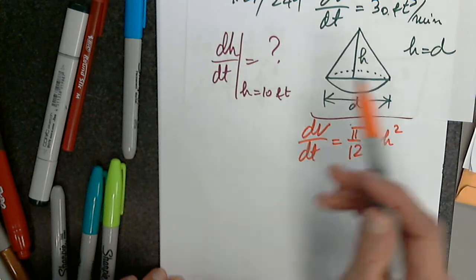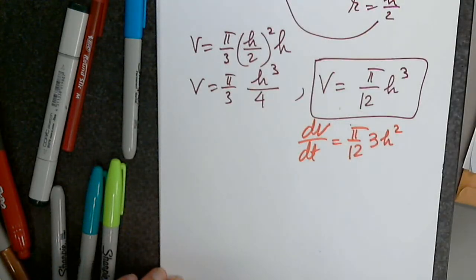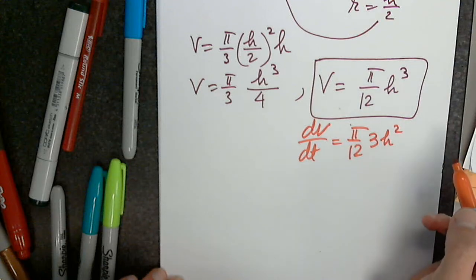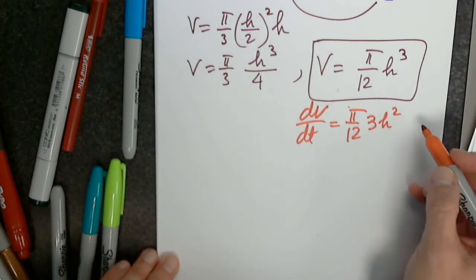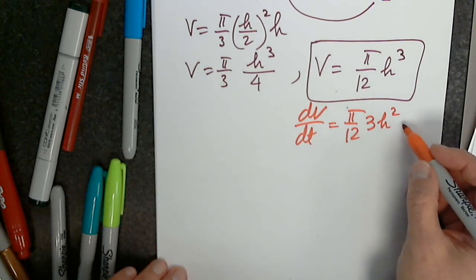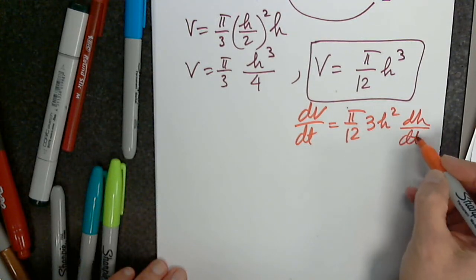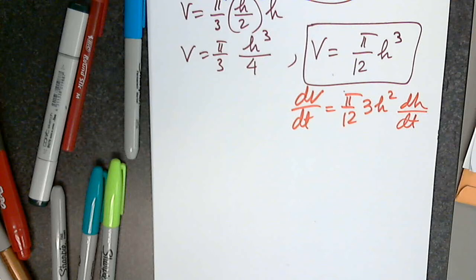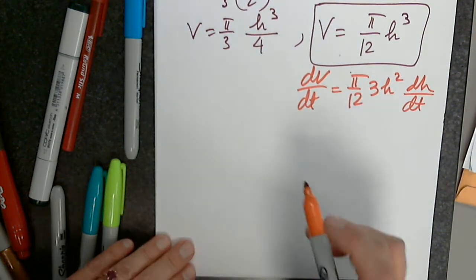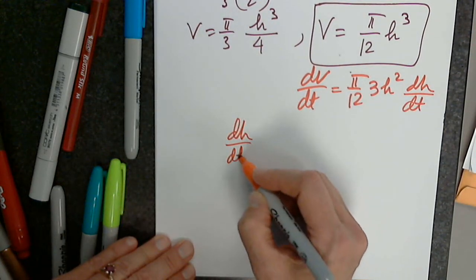Yeah. So h is a function, it's not a variable. It's a function of time. So, dh over dt. Thank you. Perfect. And now I have everything. I'm going to solve for dh over dt first.